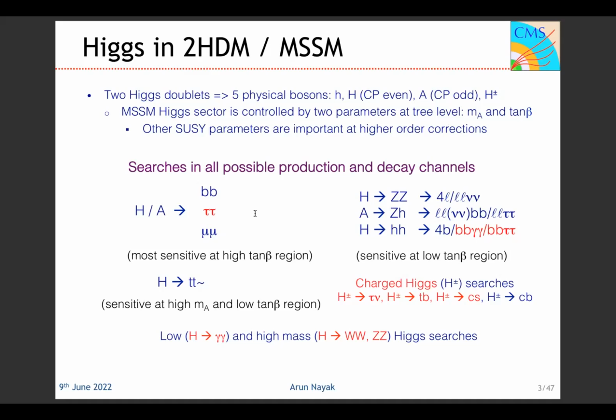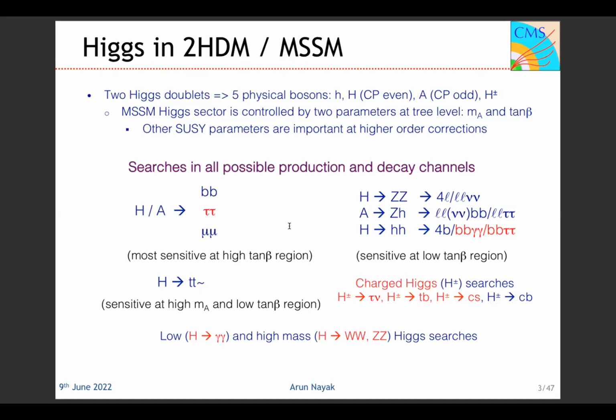There are many searches actually, many that I have not even listed here, which come in the higher extension models, like the singlet and other Higgs triplet models and so on. So these are the searches that I list here that are relevant to the MSSM and Higgs doublet models.